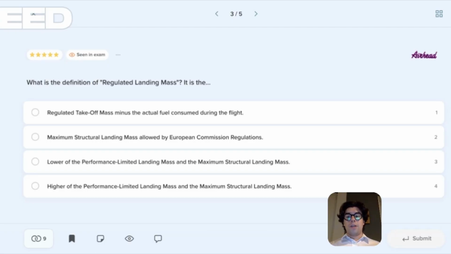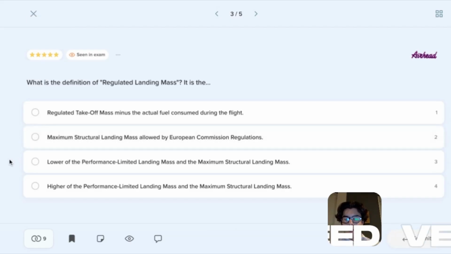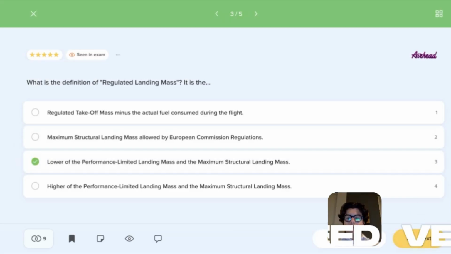This calculation is essentially giving us the regulated mass, which is the lower of the two always. And in this case, the regulated landing mass will be the lower of the performance and maximum structural landing mass. This sounds correct.